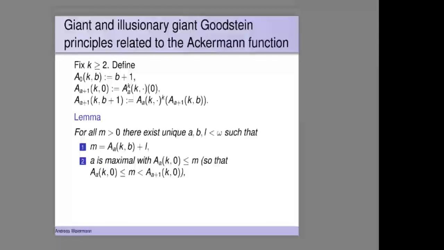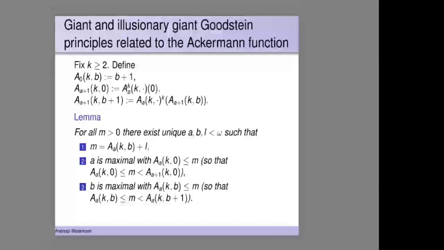Well, a is maximal in the sense that the function A index a, k, 0 is less than or equal to m. So I squeeze in m between A_a(k, 0) and A_{a+1}(k, 0). And then I choose b to squeeze in m between A_a(k, b) and A_a(k, b+1).